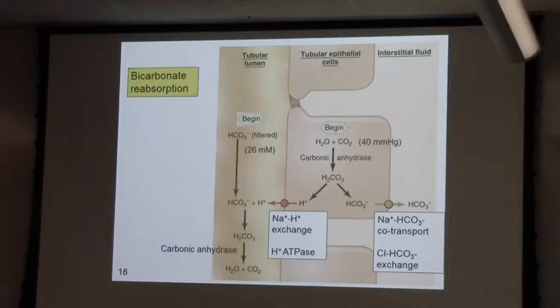Bicarbonate concentration, blood plasma, millimolar, 26 millimolar, blood or plasma pH 7.4. Here's where we start. We're on this curve, which has a PCO2 of 40 millimeters of mercury. Okay.